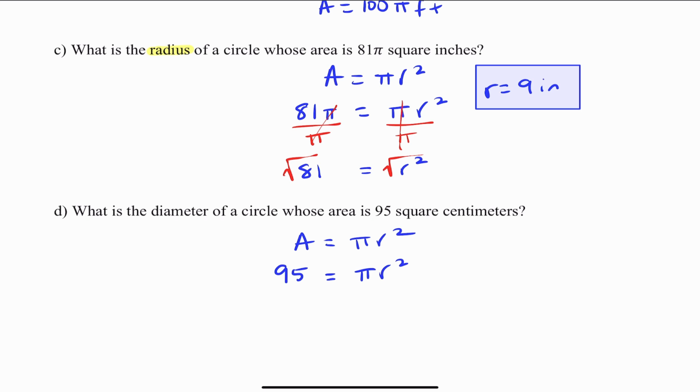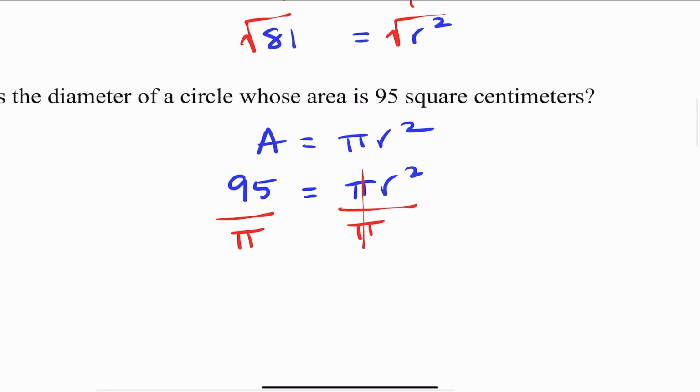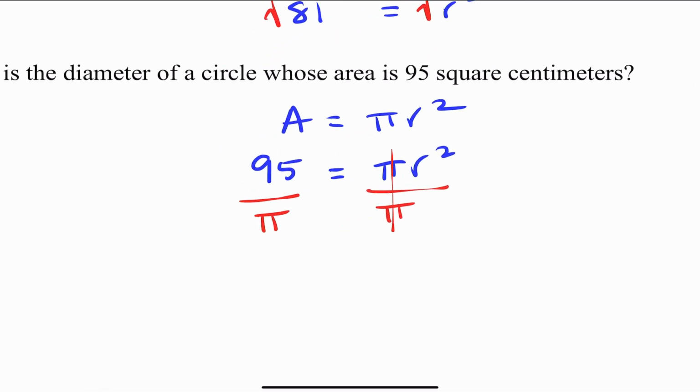But before I solve for r, what do I have to do on both sides? Divide by pi. All right, so now I'm going to go ahead and cancel the 2 pi's. I have 95 over pi equals r squared. R squared is by itself. I can do what on both sides?